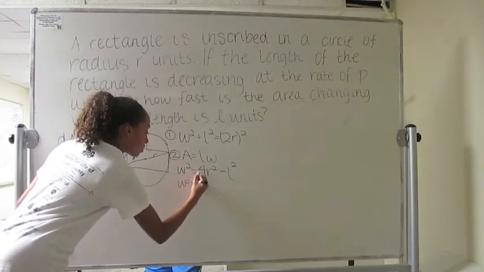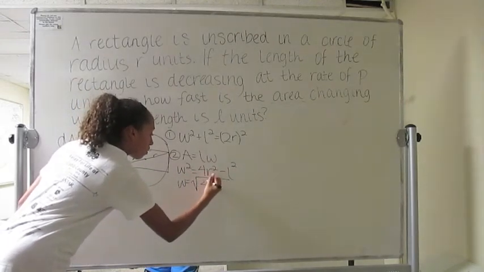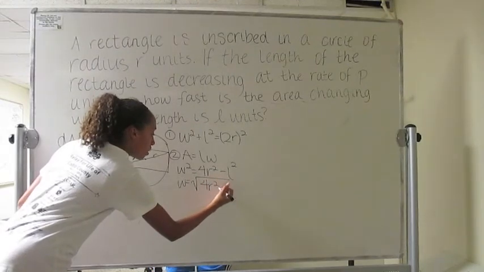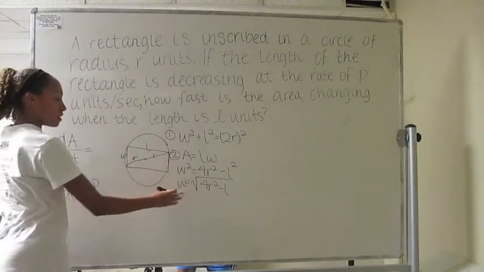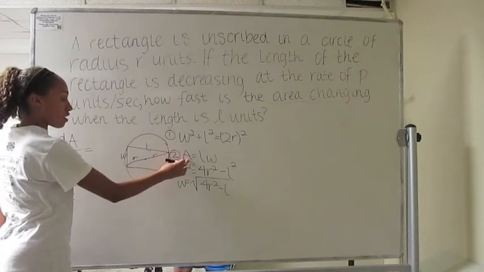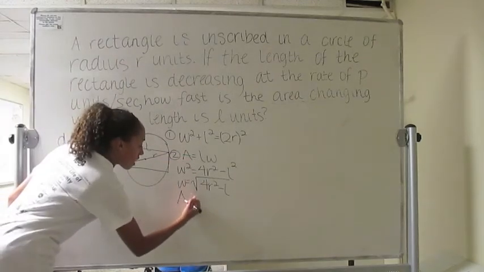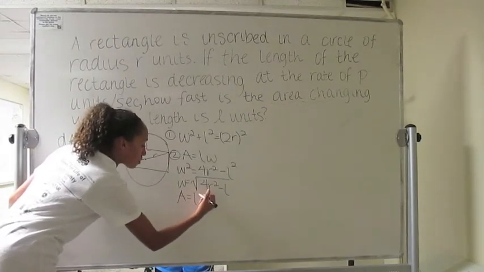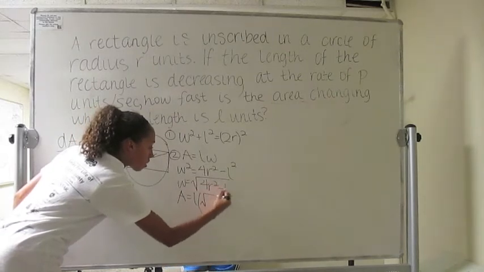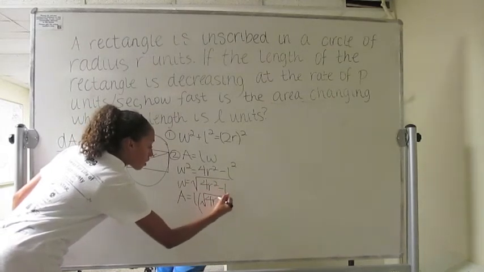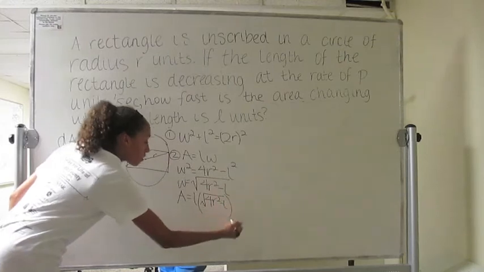W is equal to the square root of 4r squared minus L squared. So we take this W and plug it into the area formula. So A is equal to length times width, which is L times the square root of 4r squared minus L squared.